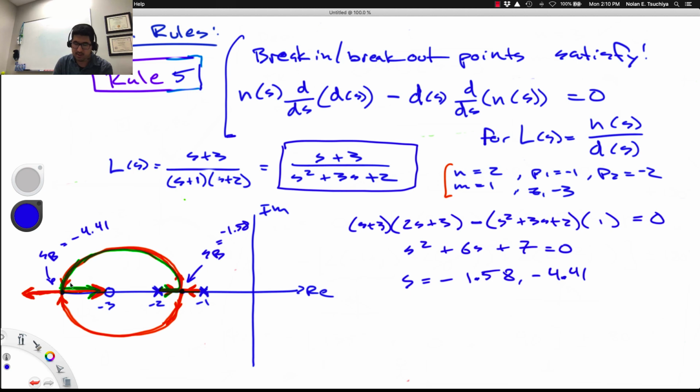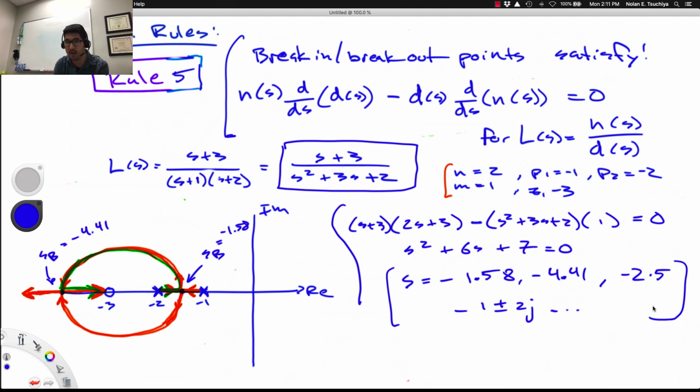Let's see, one last thing that I'll leave you with is, in some scenarios, simply by applying the mathematics for rule 5, you will actually get a bunch of values for s. Okay, so you may get something that looks like this, or minus 1 plus or minus 2j. You might get a whole bunch of roots that satisfy rule 5 mathematically.